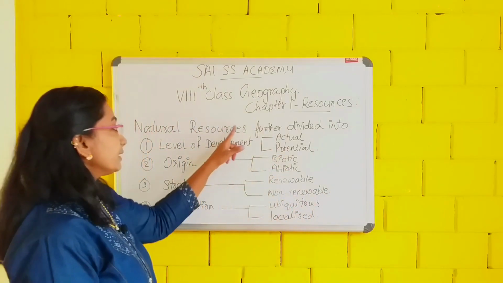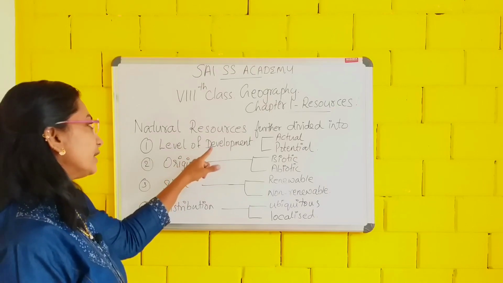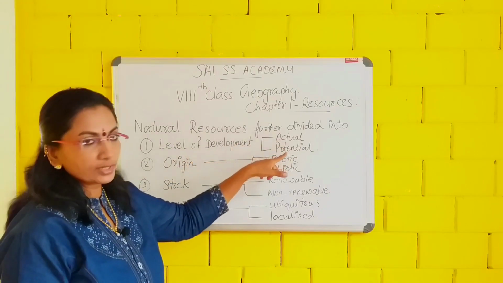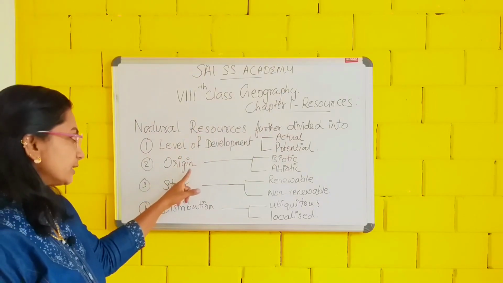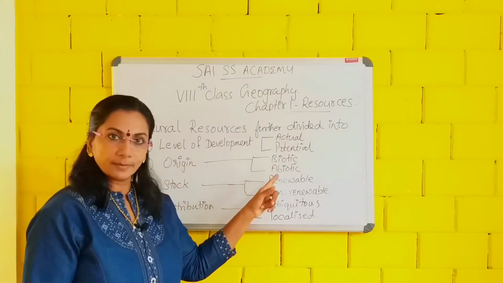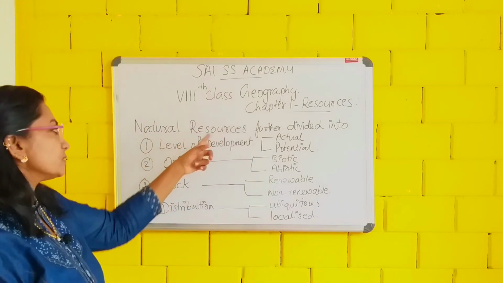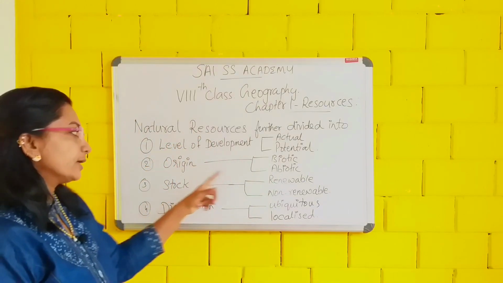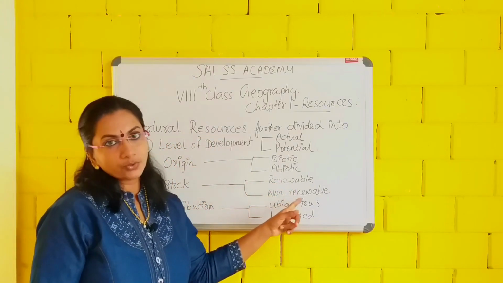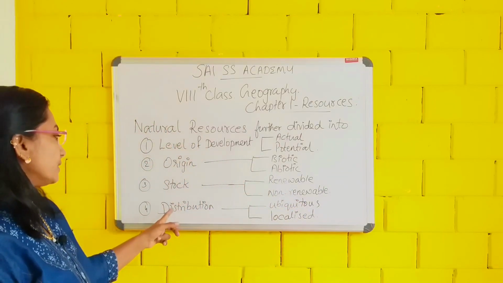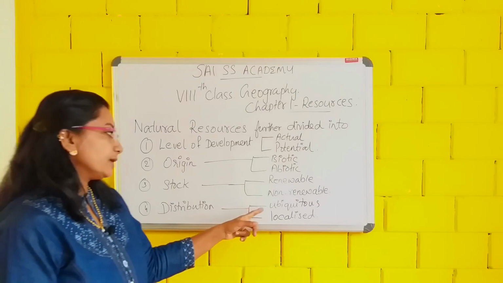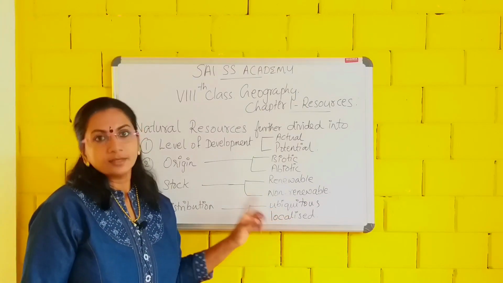On the basis of origin, they may be biotic or abiotic. On the basis of stock, they may be renewable or non-renewable. On the basis of distribution, they may be ubiquitous and localized.